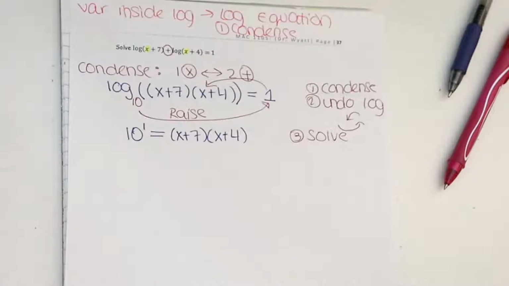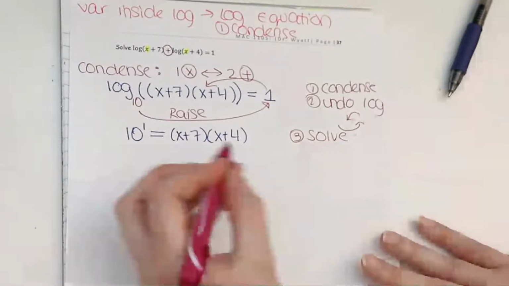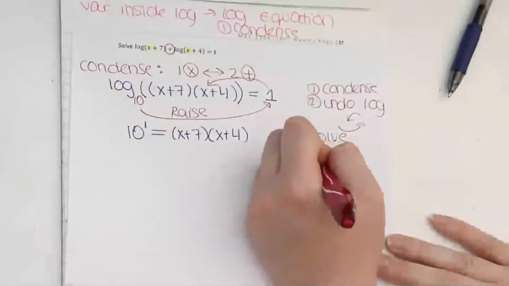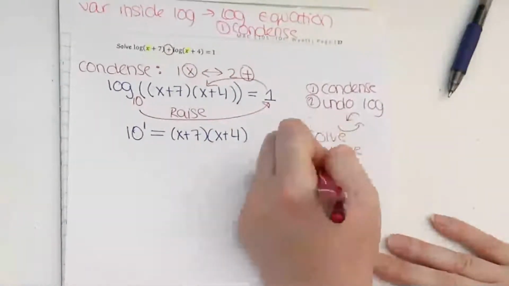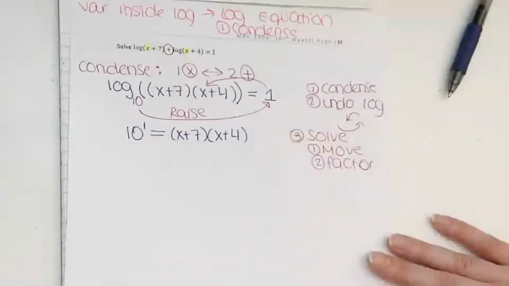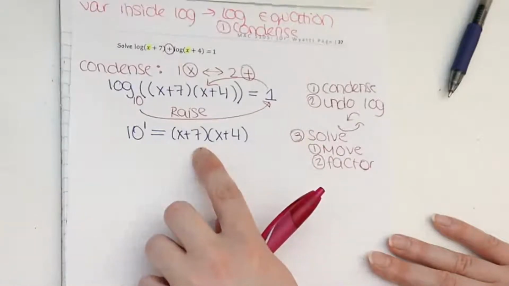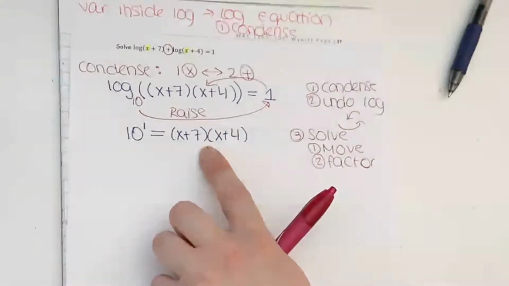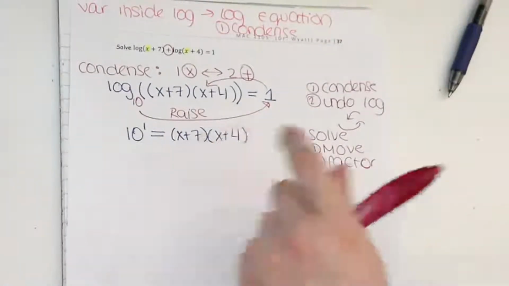Usually when you're solving the equation, if it's not a quick, easy isolate x, most of the time you're going to have to move everything over and factor it. If it's not just solving for x easily with a linear equation, there is going to be some factoring involved. So we'll move everything over, but before we do, we have to FOIL out these parentheses.